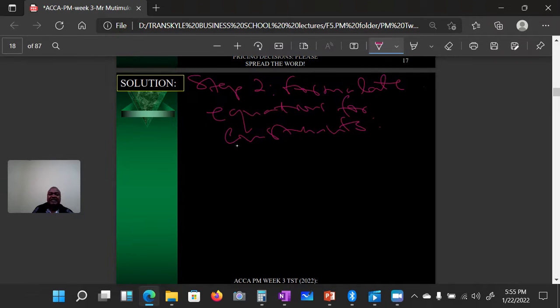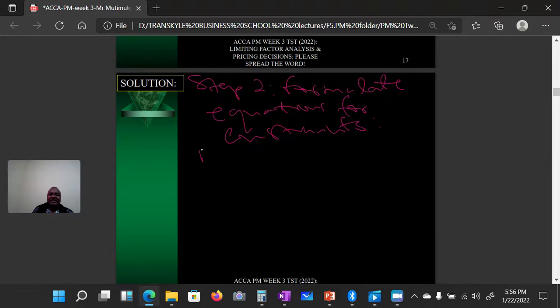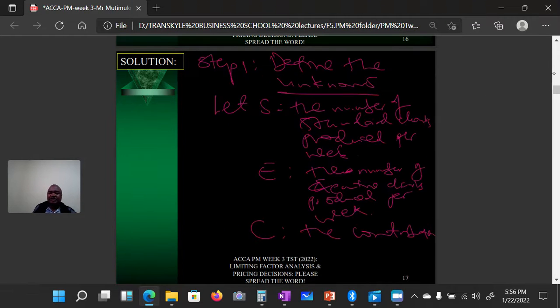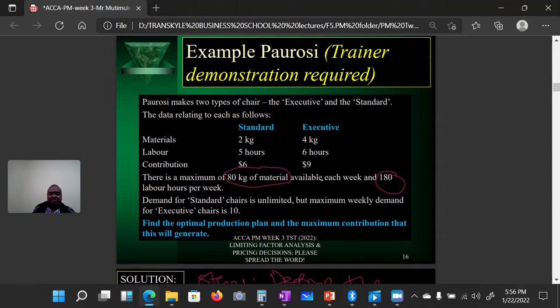And in the question, we are given constraints. The first one is materials. They are limited to what? Materials are limited to 80 kgs per week of material.